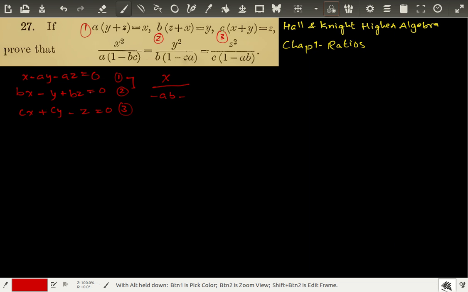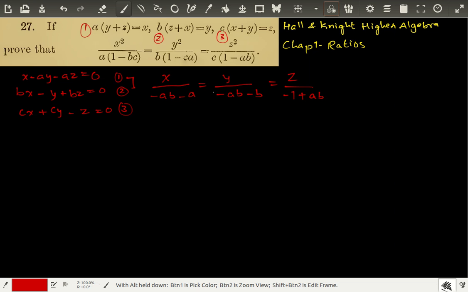x over minus ab plus a, minus a, y over minus ab minus b is equal to z over minus 1 minus ab, which will be plus ab.